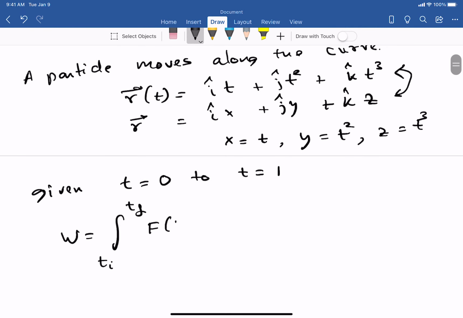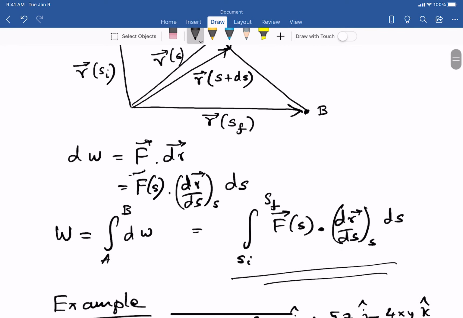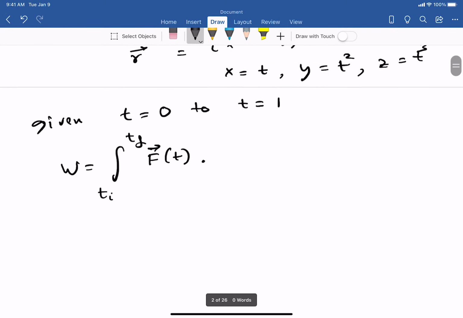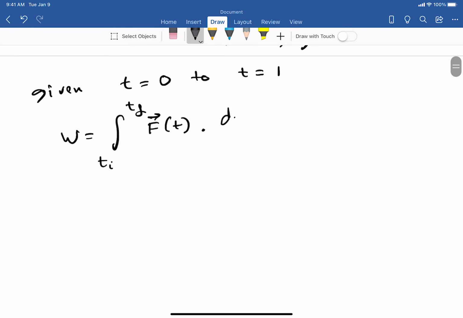F evaluated at t dot, F evaluated at t dot dr ds, I mean dr dt, also evaluated at t. So this dot product will be a scalar, and then you just integrate this with respect to t, and you should get the answer.